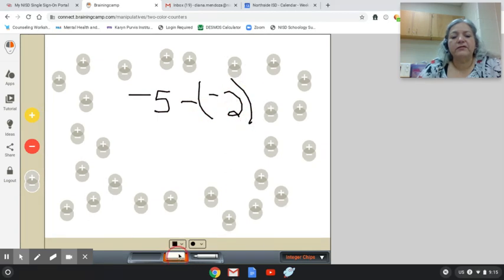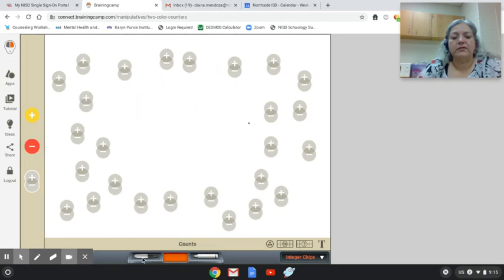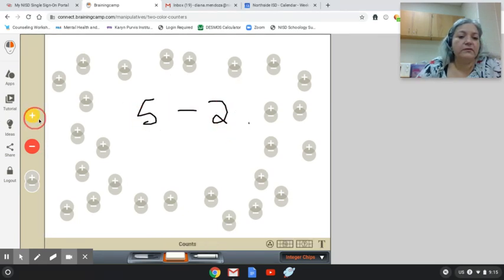Well, let me start with a simpler one. Okay, so I'm going to go ahead and do 5 minus 2. So I have 5 positive. So 5 positive, I'm taking away, because minus means take away, 2 positives.